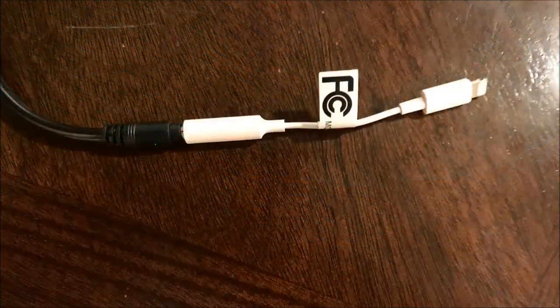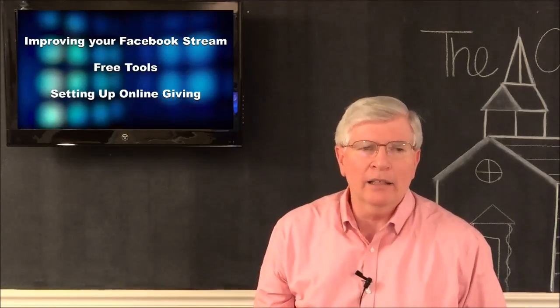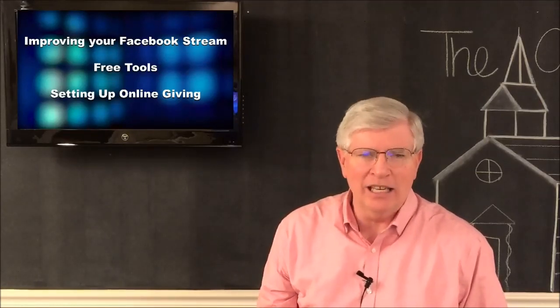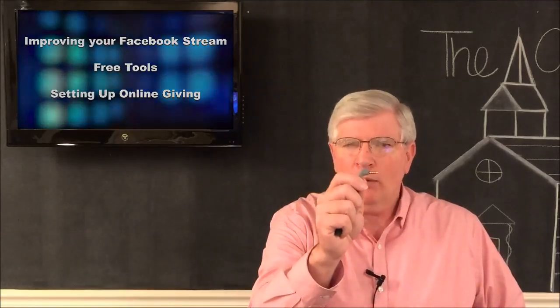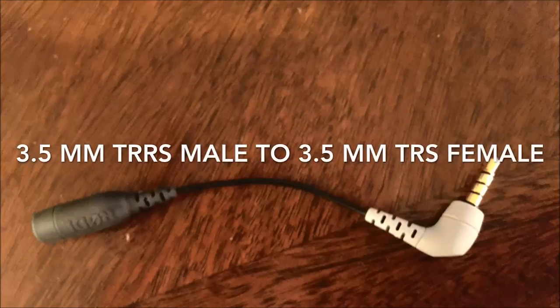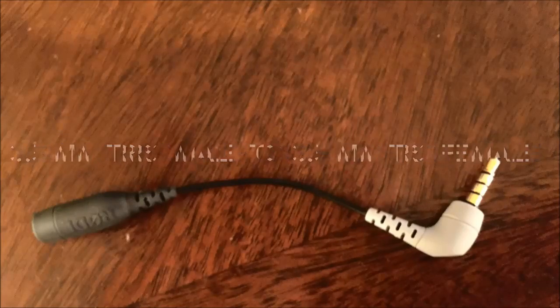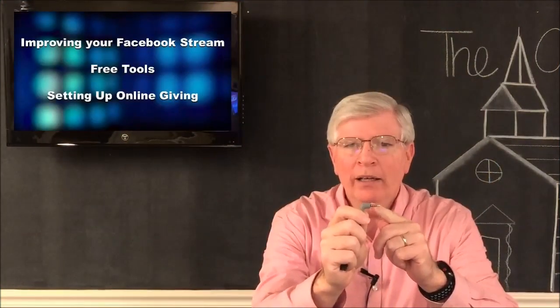Now, the other kind of jack that you might need, you're going to need an adapter if you're using a Galaxy phone. I know this is true with a Galaxy 9 and a Galaxy 10 and older iPhones. It takes this plug right here. This plug, here's the words. It's TRRS. It means tip, ring, ring, sleeve.